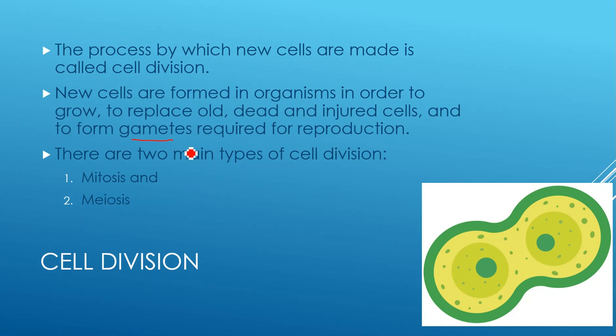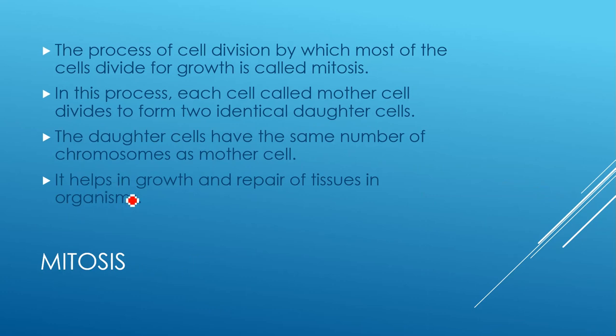So gamete production is also related to cell division, and for that we will study a new way of cell division. Here the two types of cell division are mitosis and meiosis. The very first cell division is mitosis, the process of cell division by which most of the cells divide for growth is called mitosis.